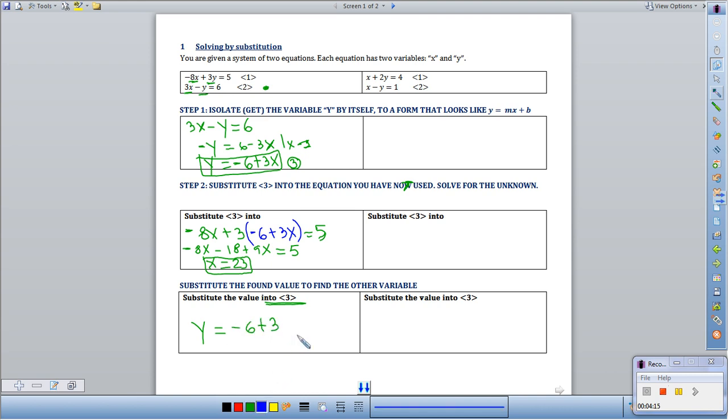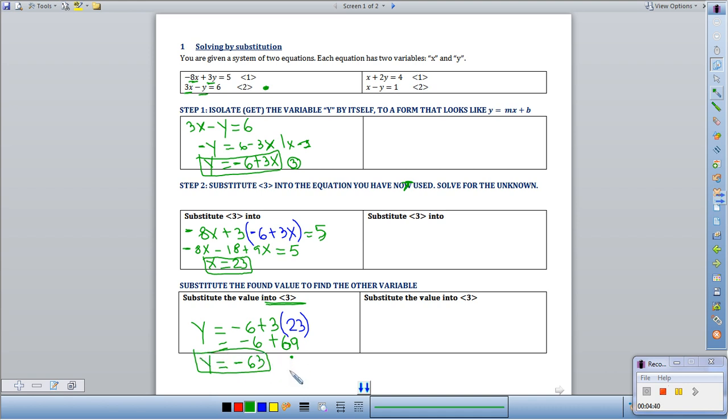And again, wherever I see x, I'm going to write the value that represents x, which was 23. So let's see what we get. -6 plus 69, y equals 63.